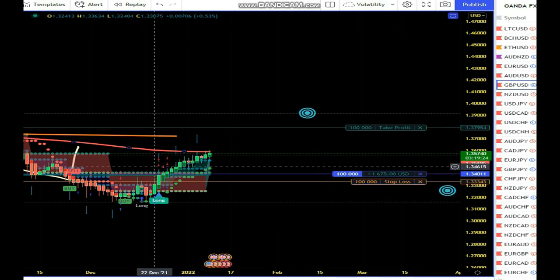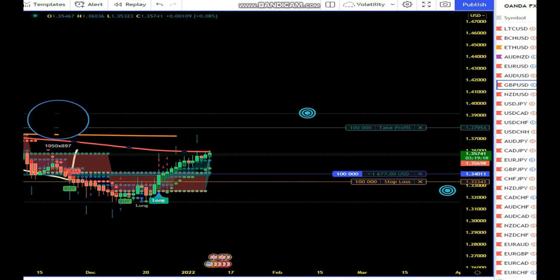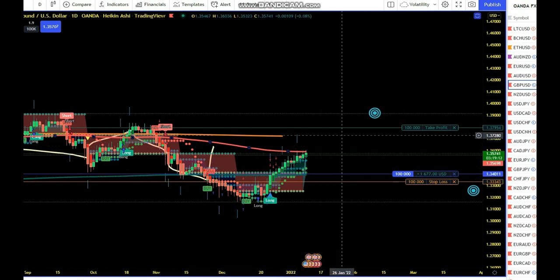The second indicators I have is, now I zoom in again. All right. So then I use two additional moving averages.